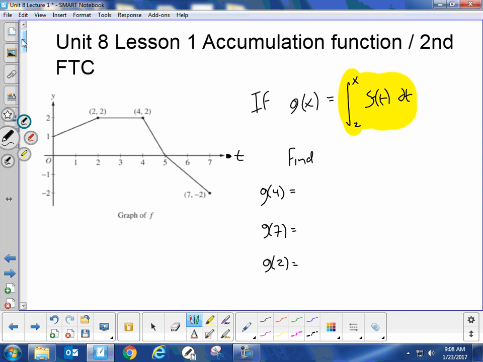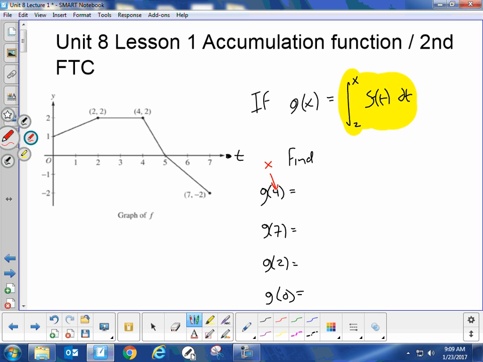First couple questions are kind of basic. I'm telling you that g, some other function, is equal to this accumulation function of f. And I'm asking you to find g of 4, g of 7, g of 2, and g of 0. Now, for these first couple, it's very important to understand that 4 is where x was, right?